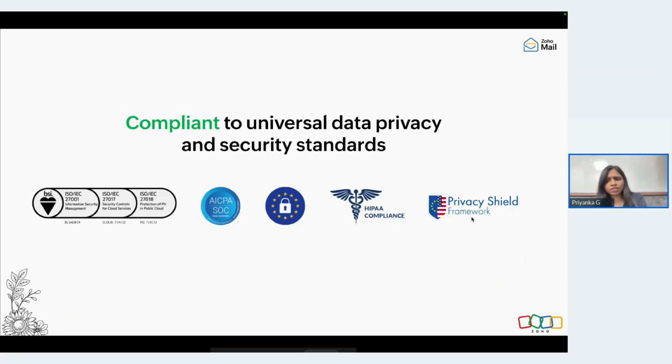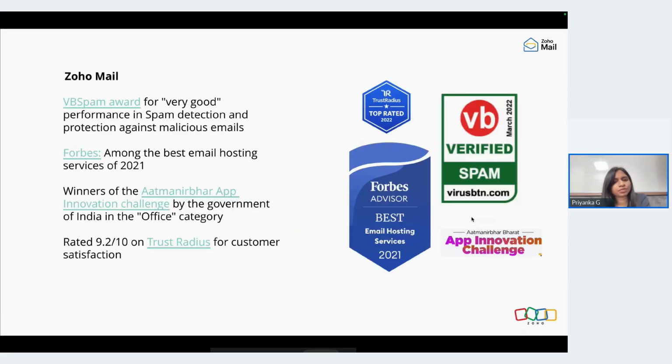And as you can see on the screen, all of these standards are not just implemented in the respective region, but across the globe. Even before these standards were brought into the picture, we made sure that none of the customer data was used for any other purposes than intended. Then goes our certificates. We have received numerous certificates for our spam and malware detection, and we've been recognized by Forbes as one of the best email hosting services. Now, this shows how reliable we are.